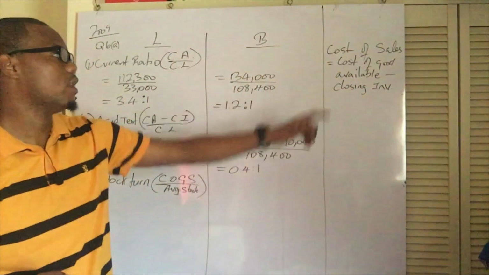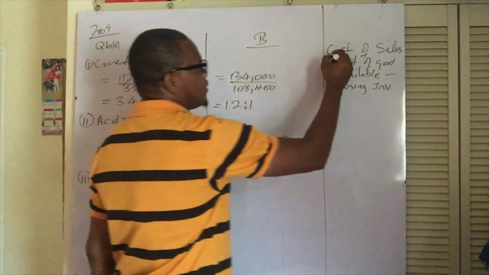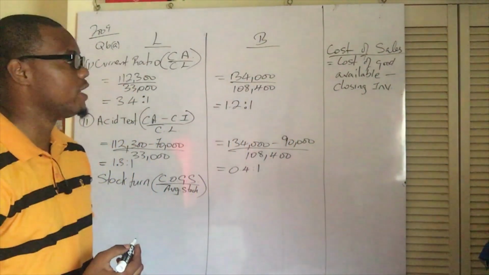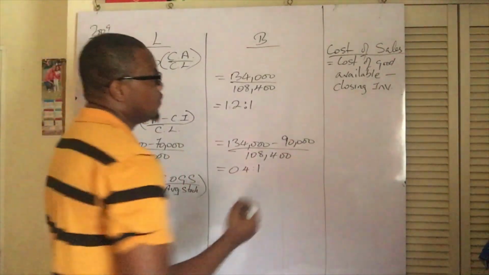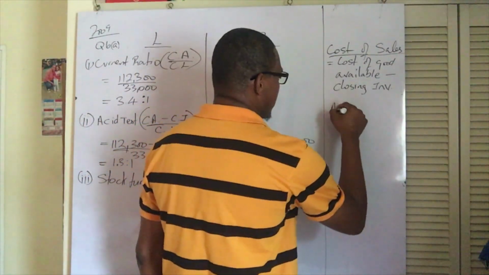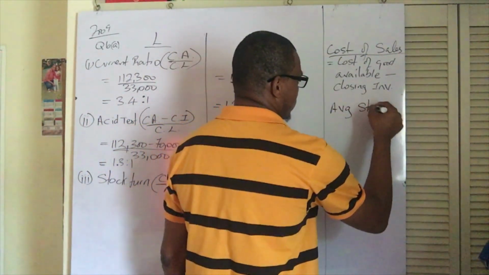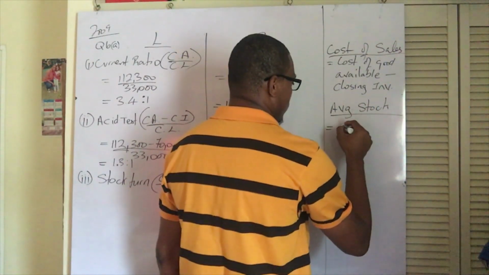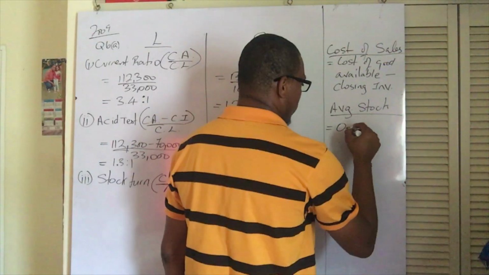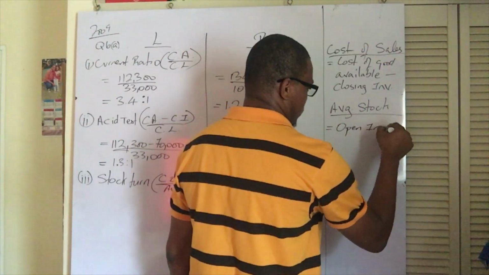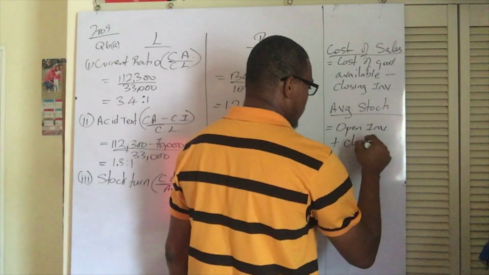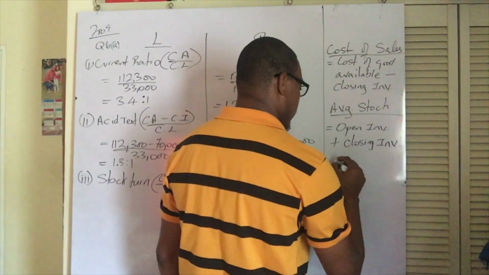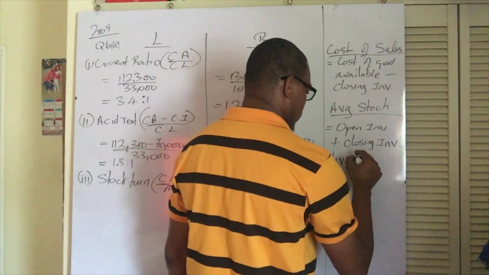That is how you get cost of sales. And so then average stock is equal to opening inventory plus closing inventory, divided by 2.